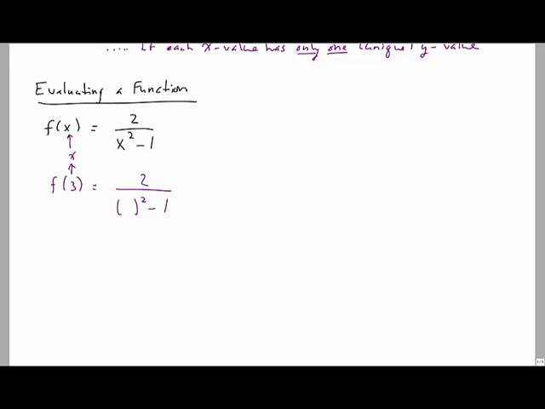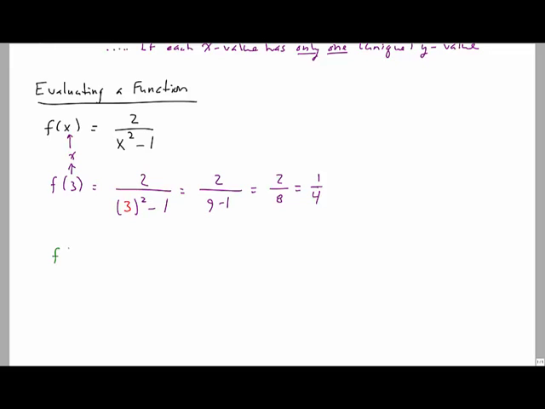So in place of x, I plug in a 3. Now as I simplify this, in my numerator I have a 2, 3 squared is 9, 9 minus 1 is 8, and 2 eighths reduces to 1/4. So this is an example of evaluating a function.